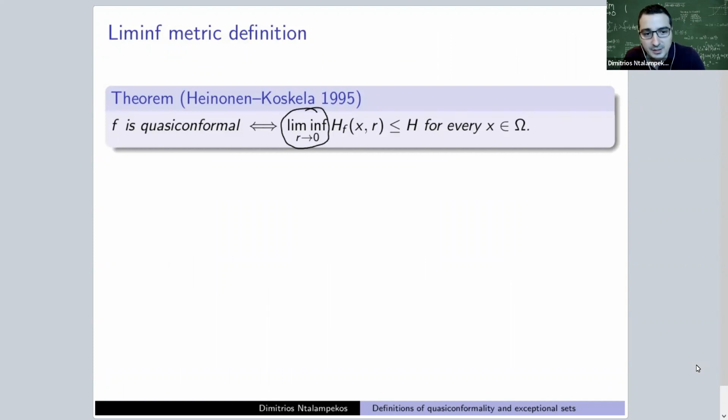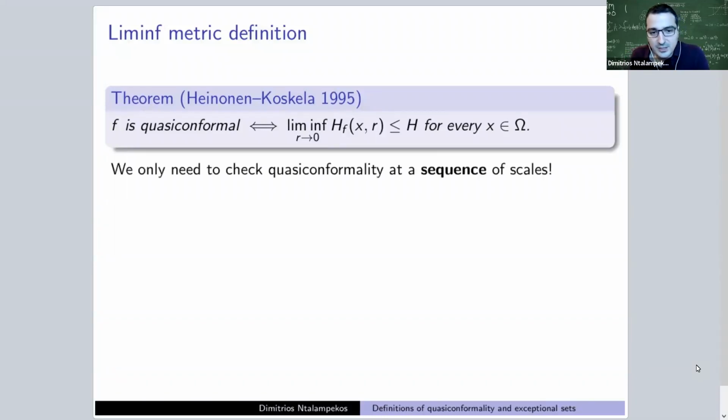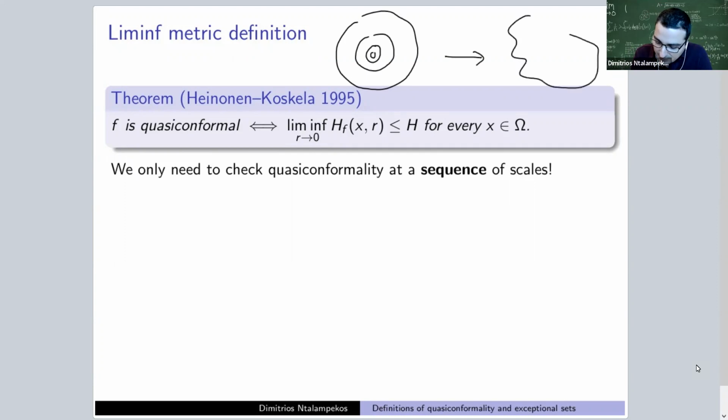So this is the only change. But this was actually a significant improvement. This definition says that you don't really have to check quasiconformality at every scale, but only at a sequence of scales. So all you have to do is check that if you take a sequence of balls shrinking to the point x, then the images have a kind of bounded shape.